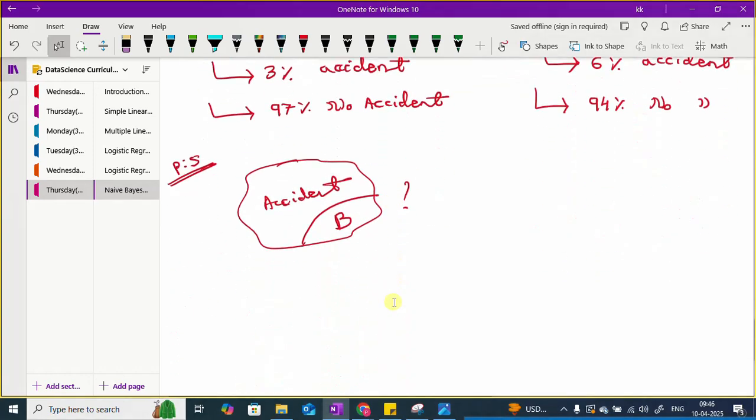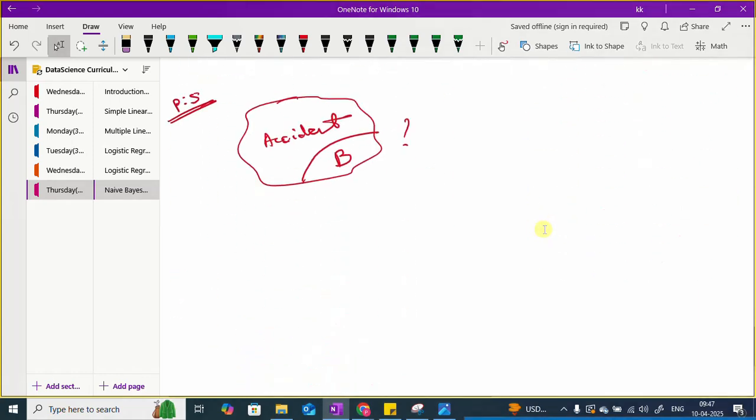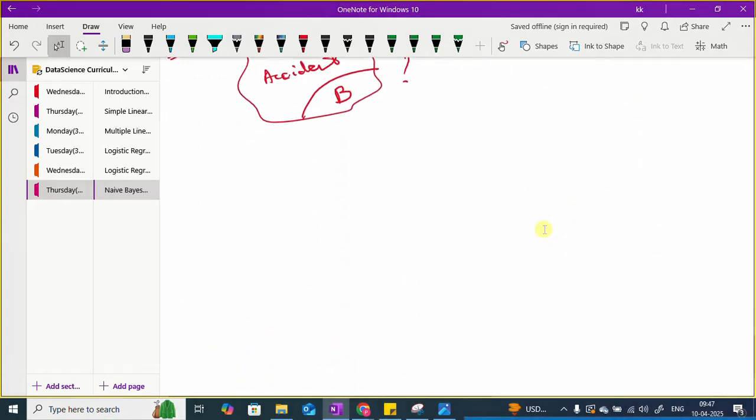Now, it's telling there are two companies, company A and B. 60% of the entire taxi fleet belongs to company A, and obviously 40% belongs to company B. So for simplicity, let me take the total number of taxis as 1000.